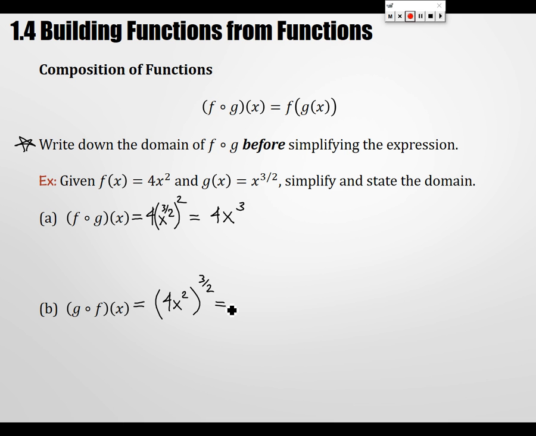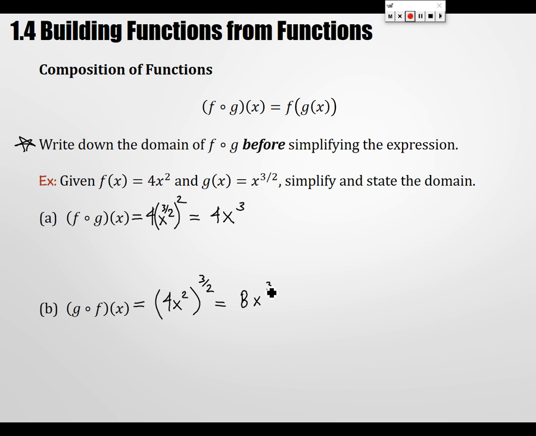Well, careful. Make sure you understand which power and which is the root. When you raise something to 3 halves, what are you doing? Which is the power, which is the root? Oh, it's 8x. 8x to the third, you guys agree?